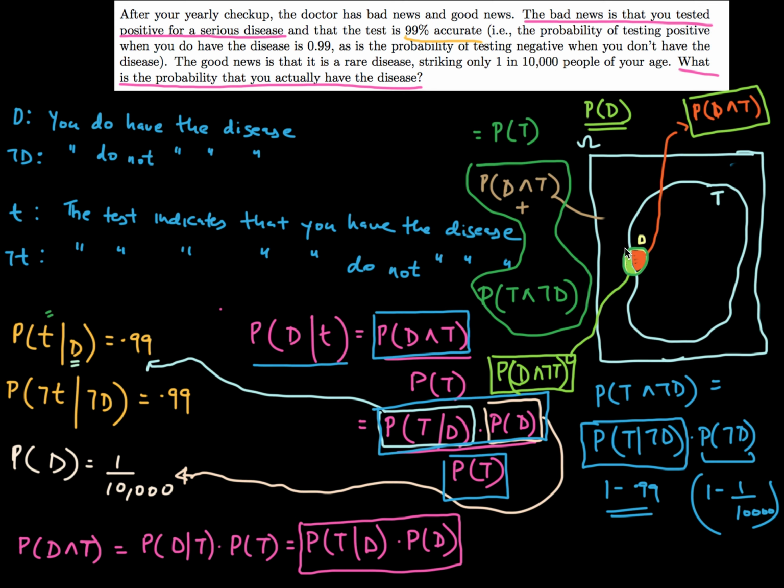So if the sample space reduces, then the probability of this orange happening, given only that sample space of yellow, is 0.99.